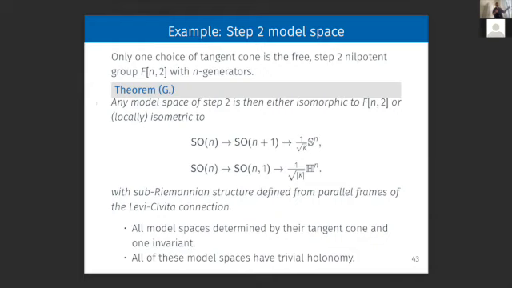So it's a basis of Rn+1 to a basis of Rn+1. Then you ask, what matrix in SON do I need to move it from here to there? So now you have a curve inside of SON+1, which is made in a specific way, by parallel transport.